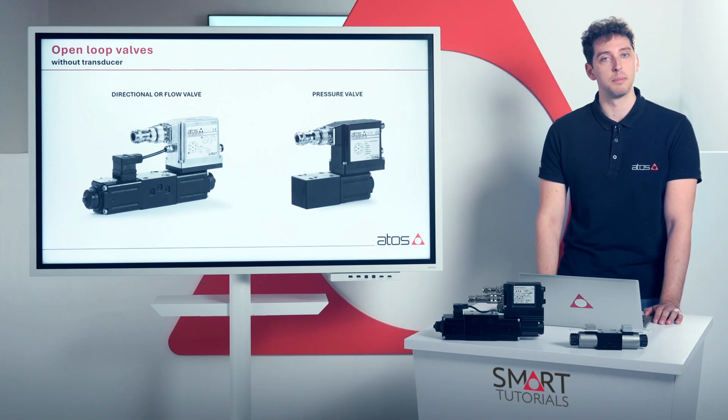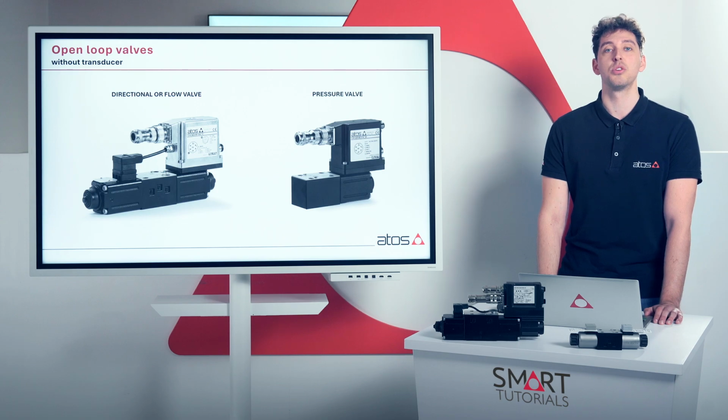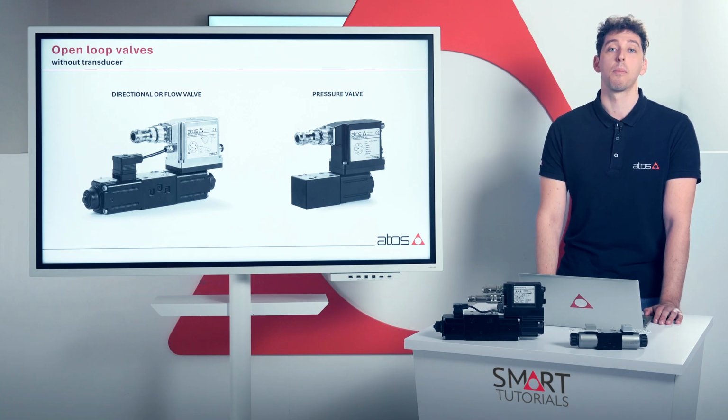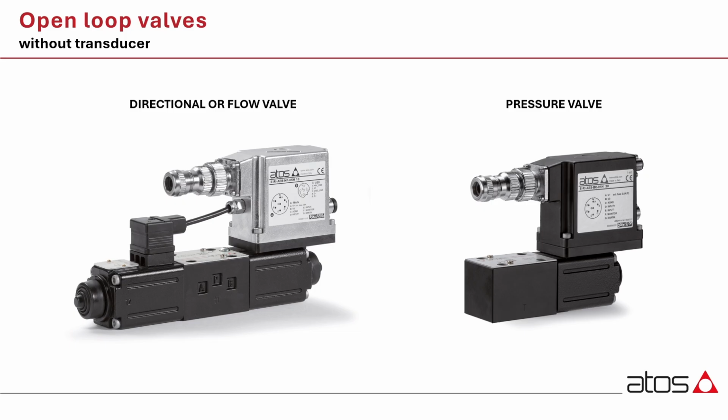Before going deeper, it's important to distinguish between open-loop valves, which operate without any transducer feedback, position or pressure. In this case, the control signal is in terms of current. For valves with onboard electronics, current bias values are factory calibrated.